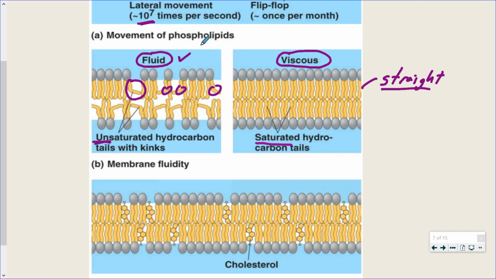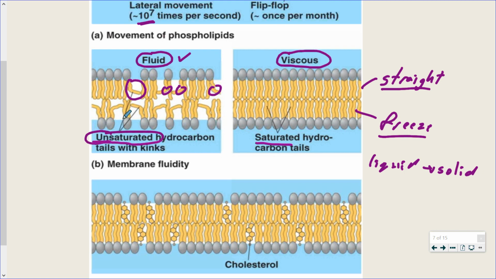In a very, very cold environment, these can actually freeze. So we can go from the liquid nature of a membrane to a more solid nature. To prevent that from happening in very cold environments, quite often cells have more unsaturated lipids within the phospholipid bilayer.